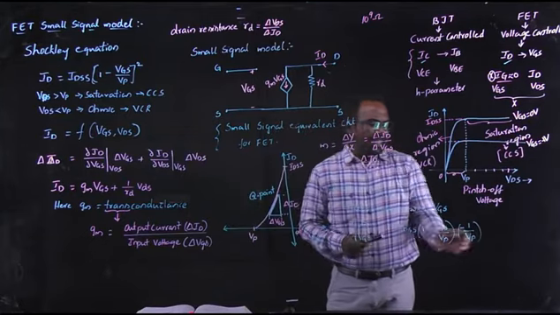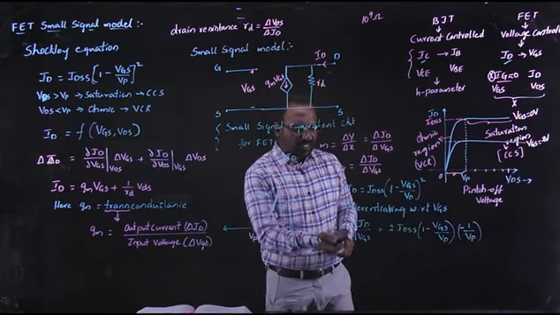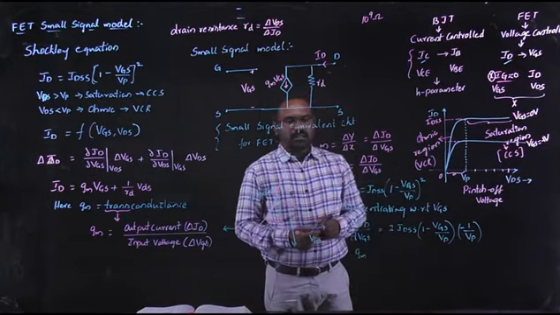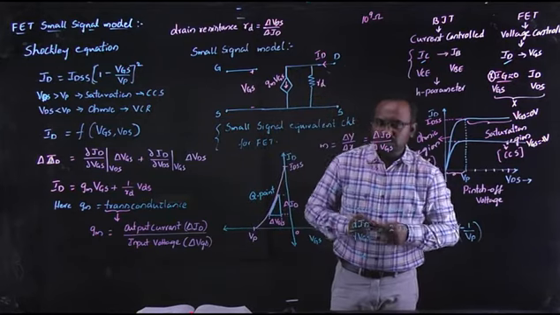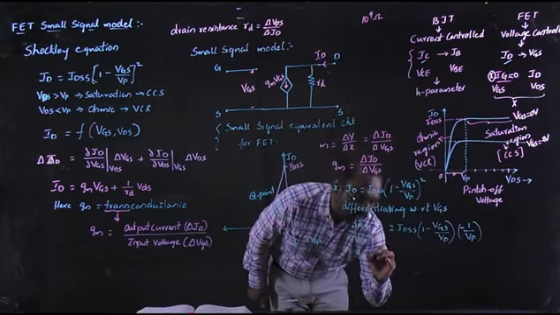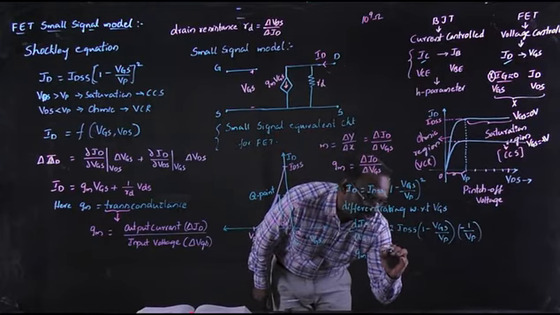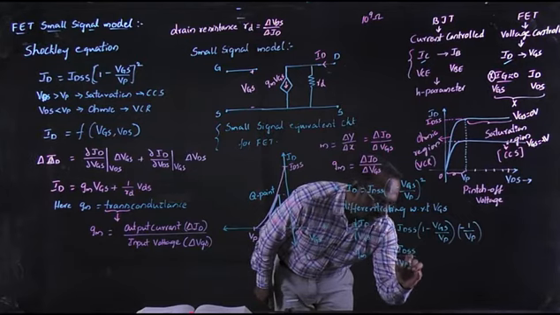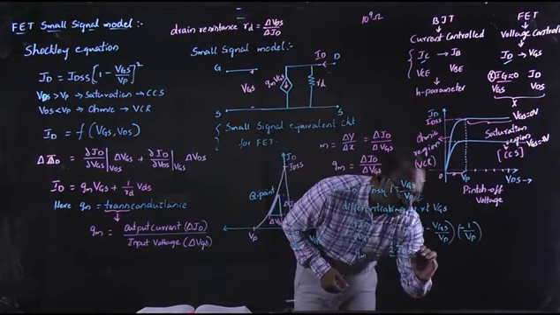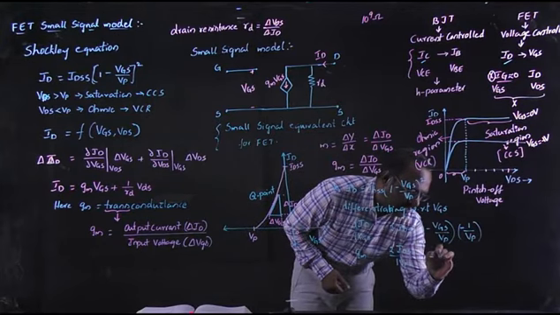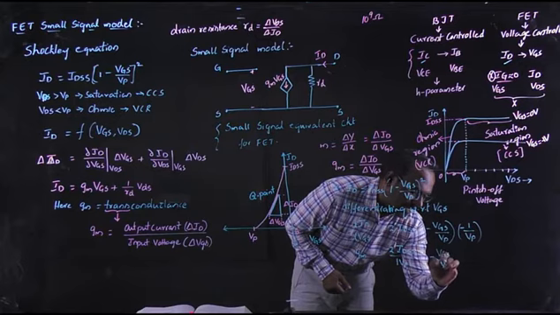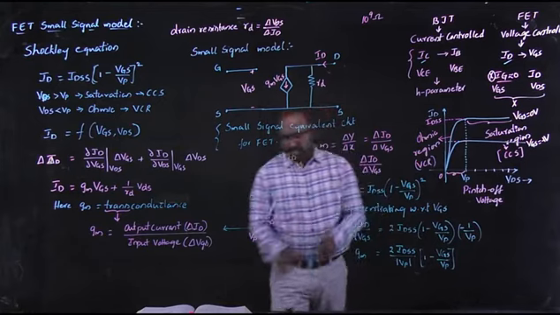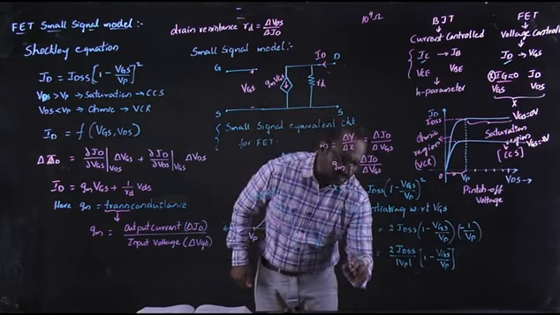Generally, we take the magnitude of VP to find this gm, the transconductance, because the value should not be negative. So I am putting a modulus. So gm is equal to 2 IDSS divided by modulus of pinch off voltage into (1 minus VGS divided by VP). This is the expression for the transconductance.